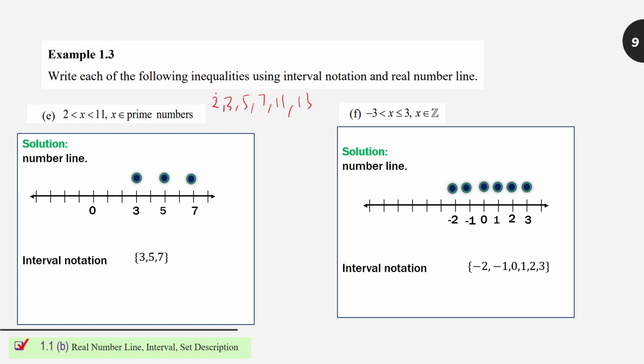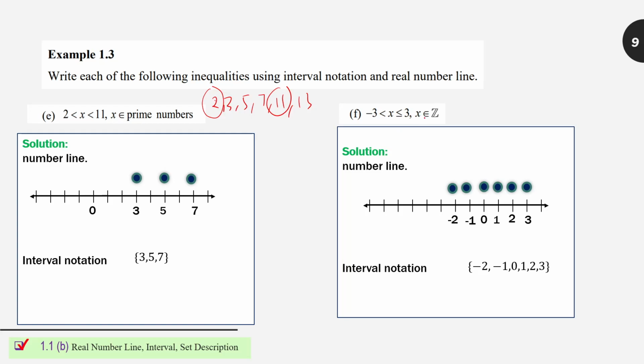Since these two are not inclusive, we have 3, 5, and 7. So you plot on your number line 3, 5, and 7, with solid dots. To write it in interval notation, because you only have 3 elements, we write a curly bracket and put 3, 5, and 7 inside.